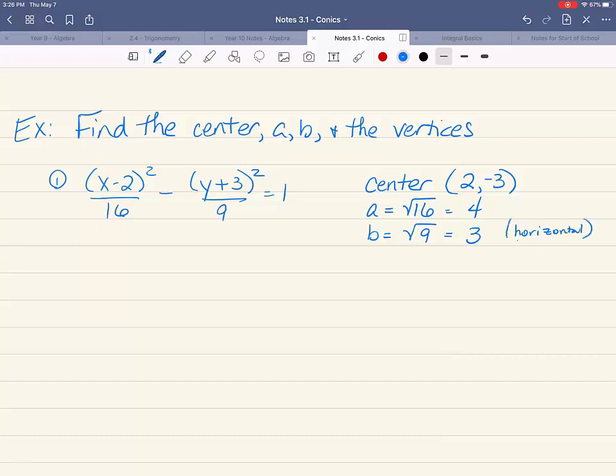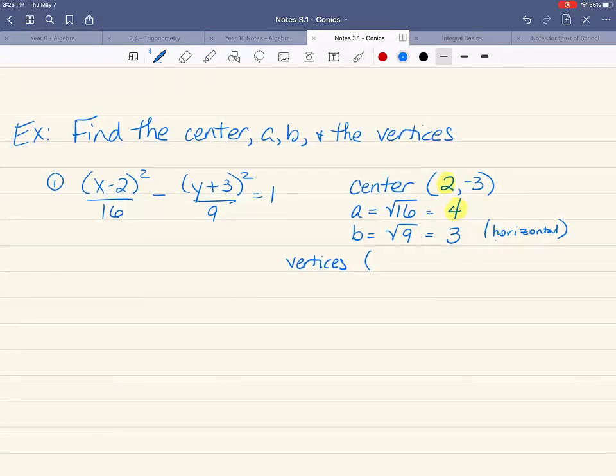So what we do to find the vertices is we take the center and we add A to the horizontal component. Now think about that for a minute. Which variable is horizontal, x or y? X is. So we're going to take the A value and add it to the x value of our center. Add and subtract.